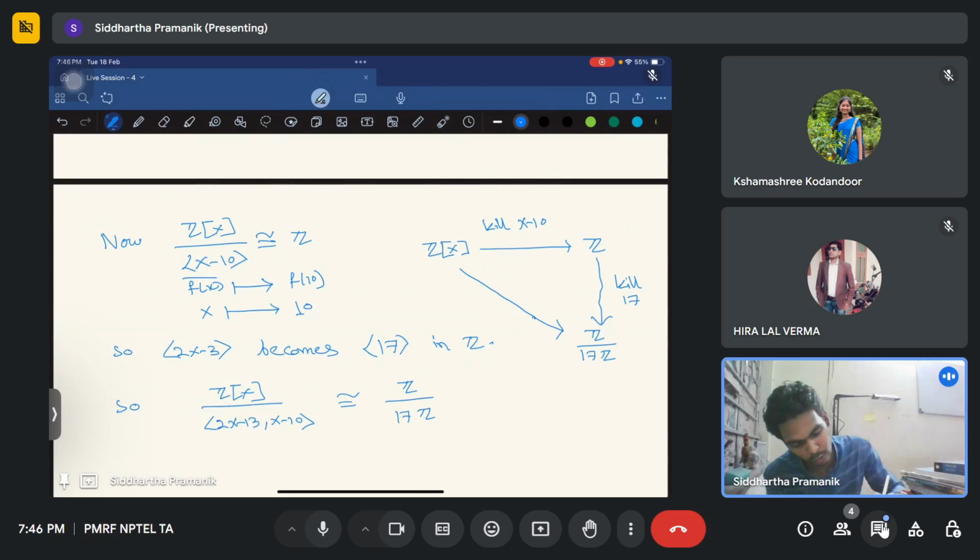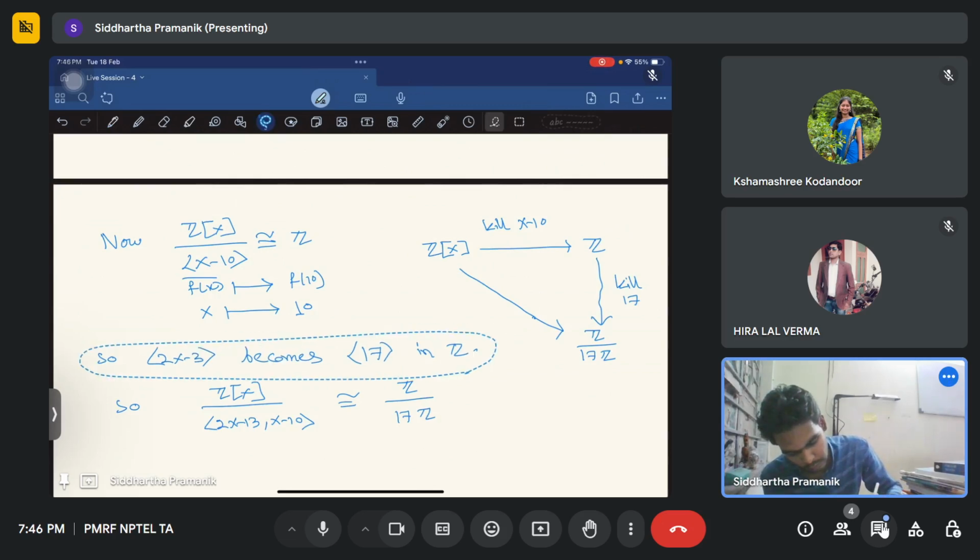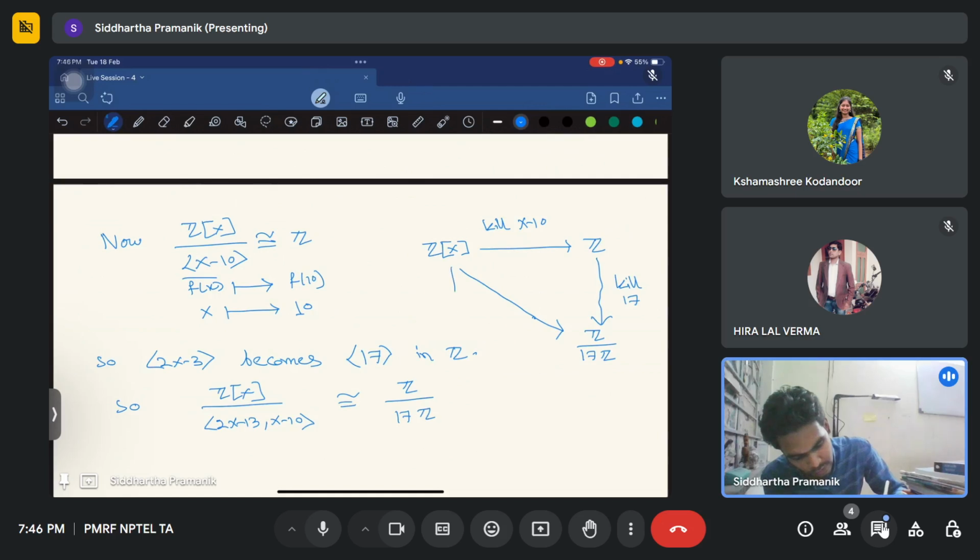So you can do the other thing also. You can kill it by 2x minus 3 first, but after killing by 2x minus 3, what you will get is not easy to find. So we have killed by x minus 10 first.